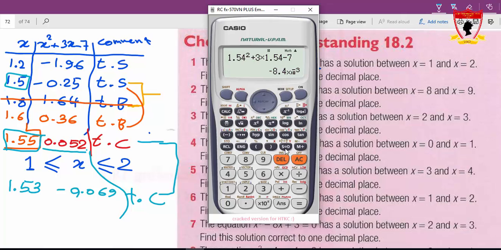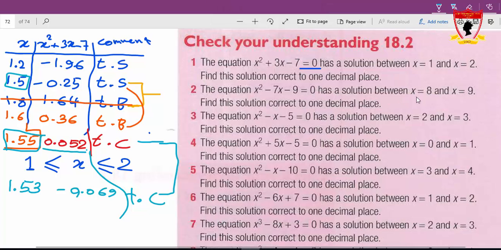As a decimal, it's written here in the standard form, but it's equal to 0.0084. So this is the best answer that we got in this table. 1.54 is the closest possible answer that we got using this table.